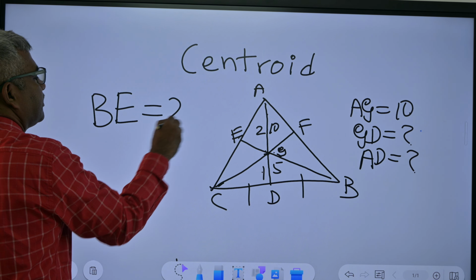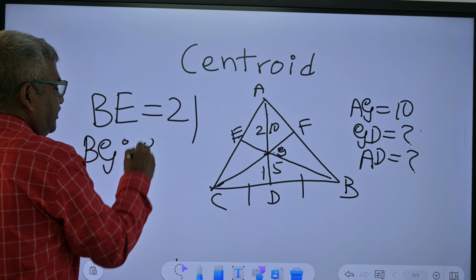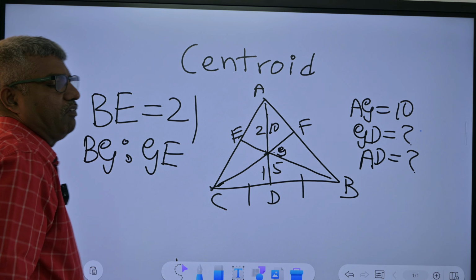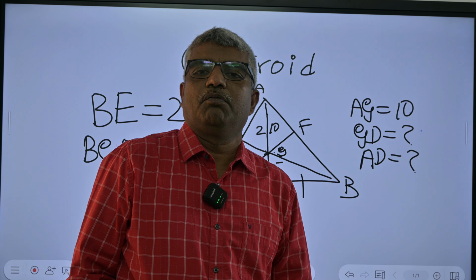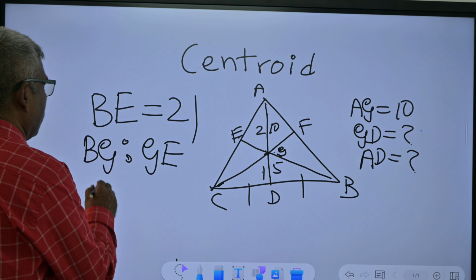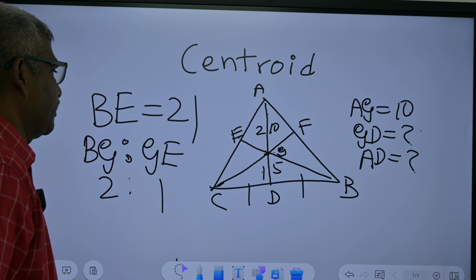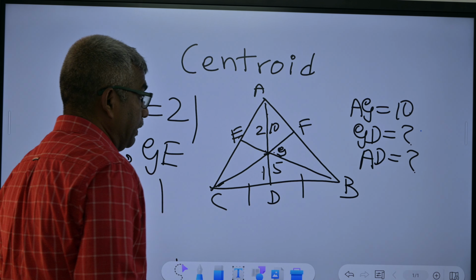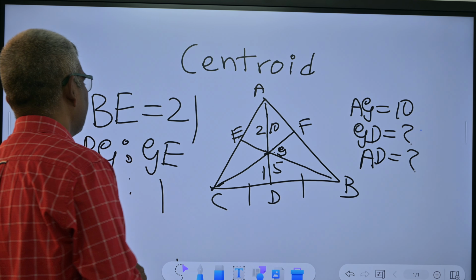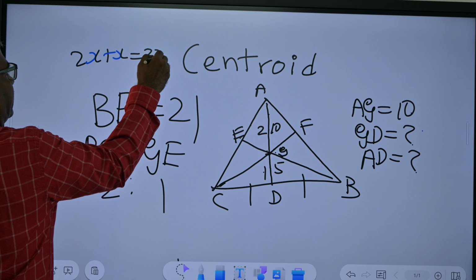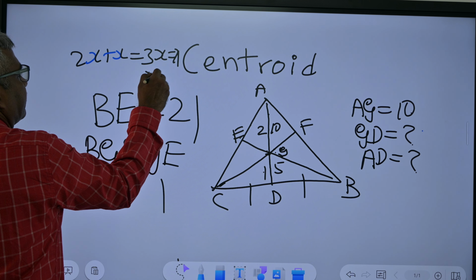What is the length of BG? BG and GE are in 2:1 ratio. So BG will be 14. 2x plus x is equal to 3x is equal to 21, x is equal to 7.